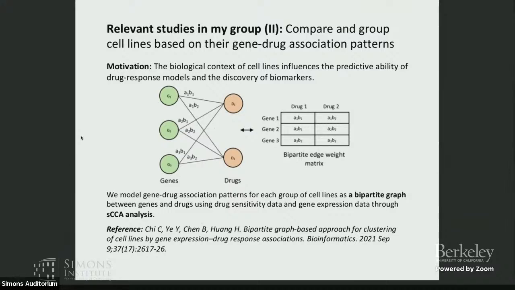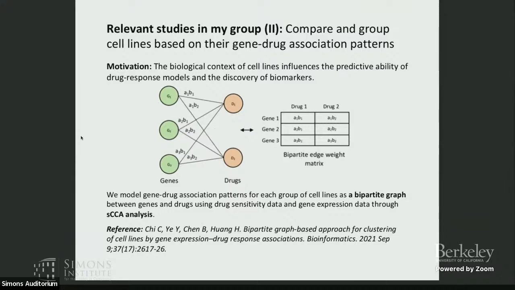We build this through a sparse canonical correlation analysis between the drug sensitivity data and the gene expression data. And then for each small cancer cell group, we have this gene-drug association pattern to describe it. Then we can group the small cancer cell line groups into relatively larger groups based on comparing these patterns or bipartite graphs.